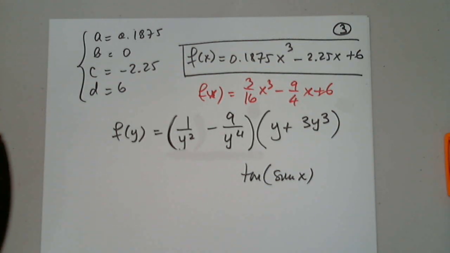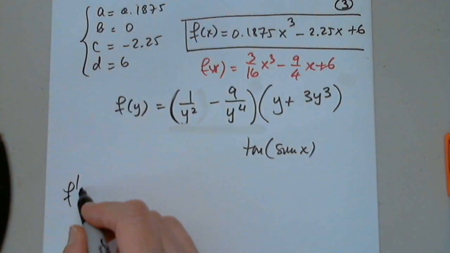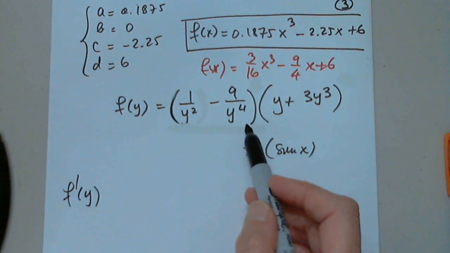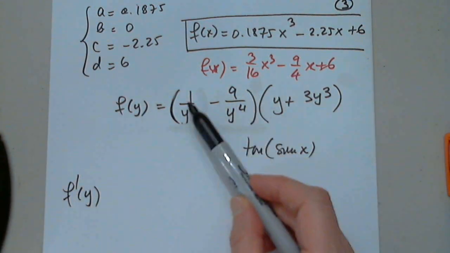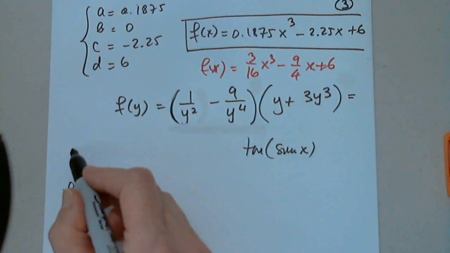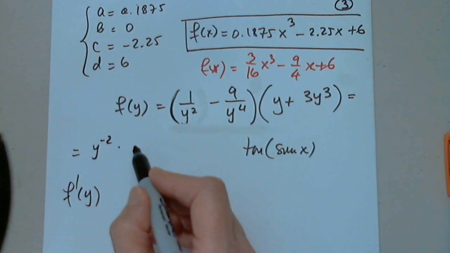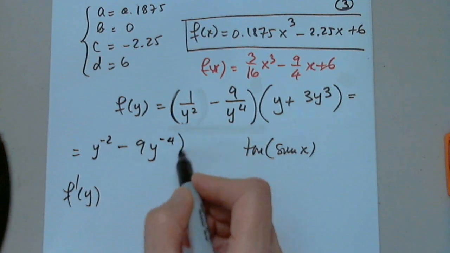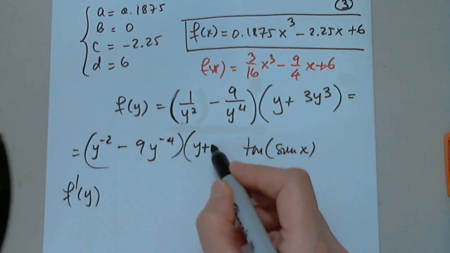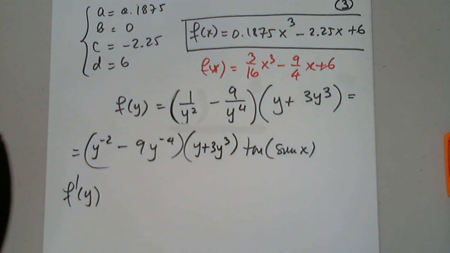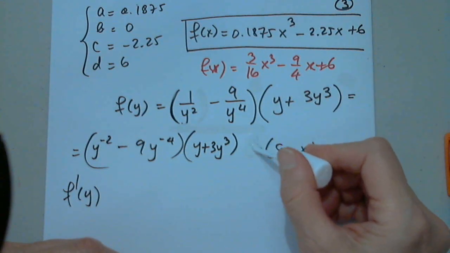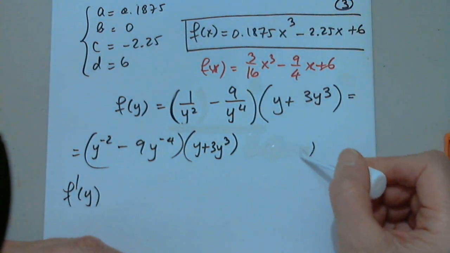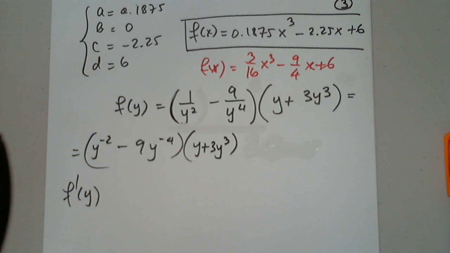Okay, perfect. So in order to use the product rule, we have, remember, the first function prime. I will rearrange this into y to -2 minus 9y to -4, and then y plus 3y cubed. And then just use the product rule, which means first function prime times the second function, plus the first function times the second function prime.